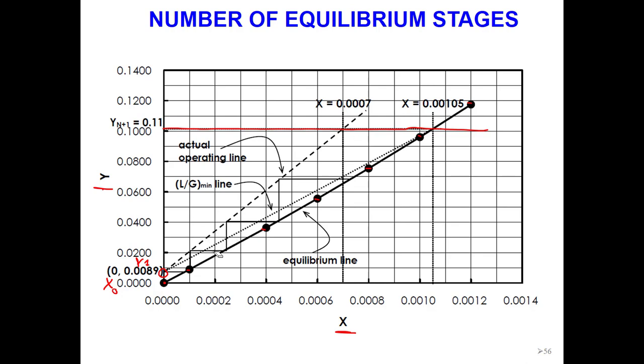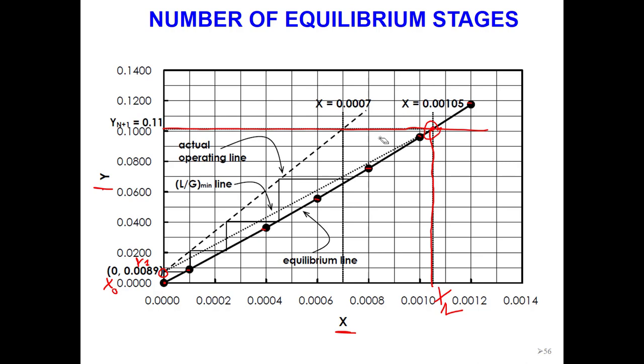The minimum operating line is the operating line that will have an intercept with the equilibrium line. So it means my yn plus 1 and xn will be on the equilibrium line. This is my xn. Yn plus 1 and xn are all the time on the operating line; in the minimum slope, it will be on the equilibrium line.